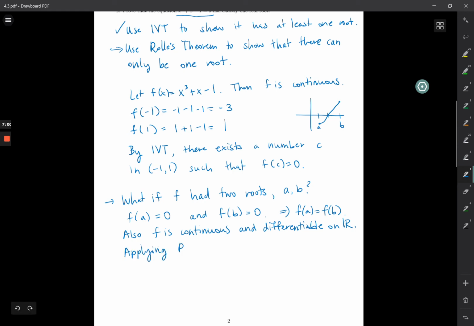So applying Rolle's theorem, we've already used the letter c, so I'm going to use the letter d in this statement. There exists a number d in the interval a to b, such that the derivative f prime evaluated at d is equal to 0.